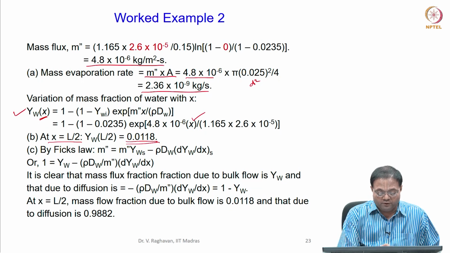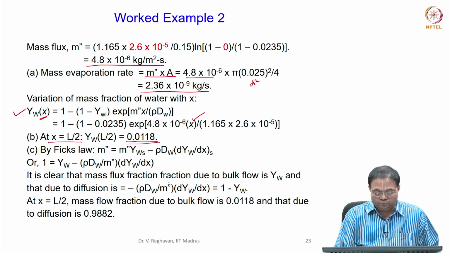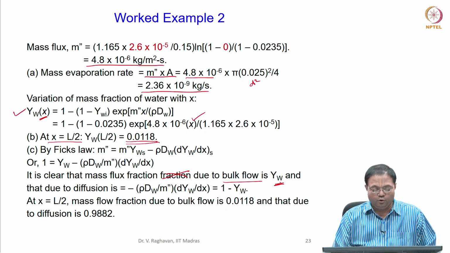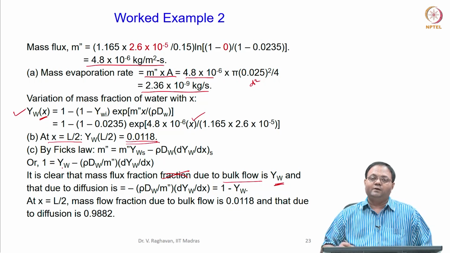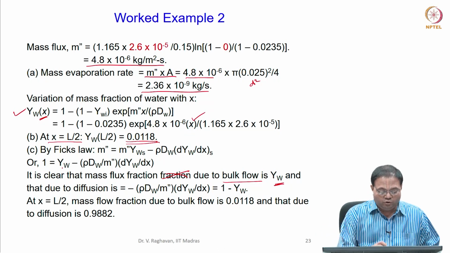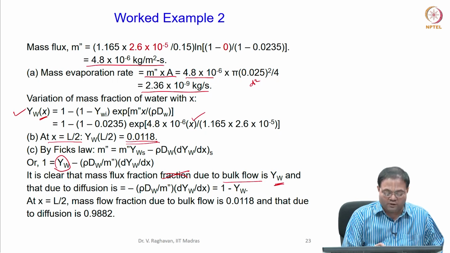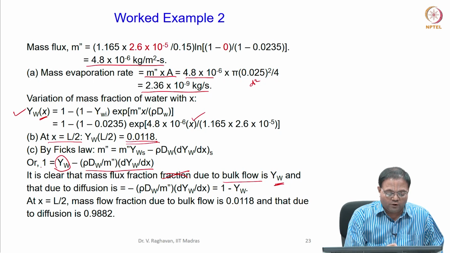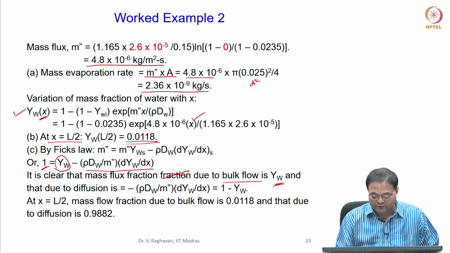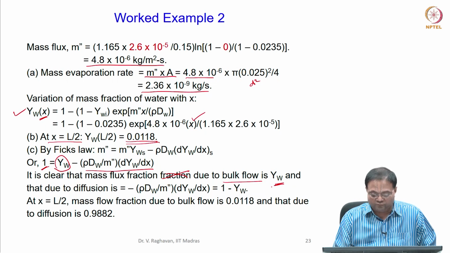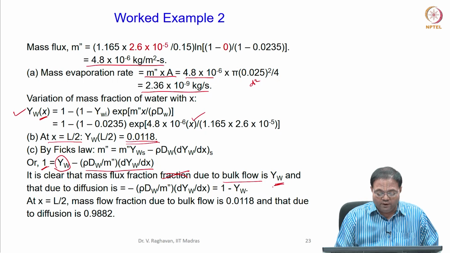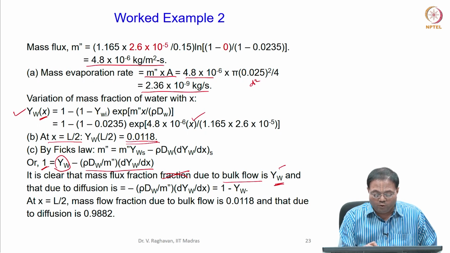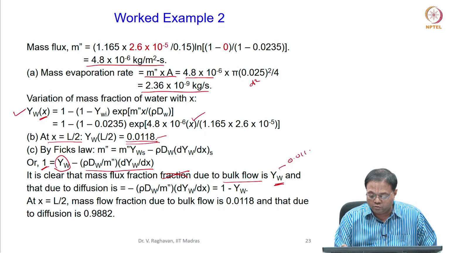So, now it is clear that yw is the mass flux fraction due to bulk flow, since you are dividing by the mass flux. So, this is the component due to convection and this is the component due to diffusion. Added together you get 1. So, this yw is the fraction of the mass flux due to bulk flow, that will be 0.0118 at x equal to L by 2.